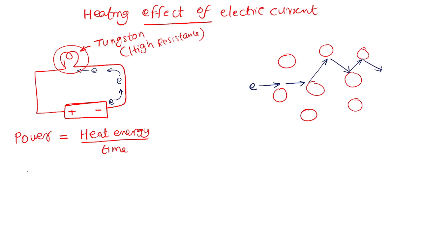So there is a formula for power. For the time being, let us memorize the formula. The derivation is not important, and it is not actually given in the textbook. Only a single step is given, so the derivation is not important. Just memorize the formula. Only numerical questions will be asked. So power equals heat energy by time. The power has the formula voltage into current.